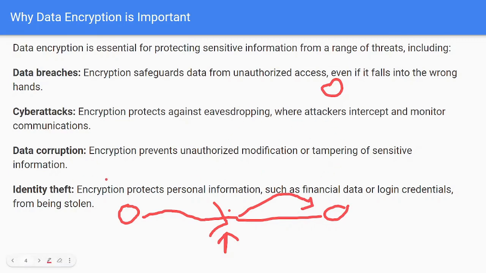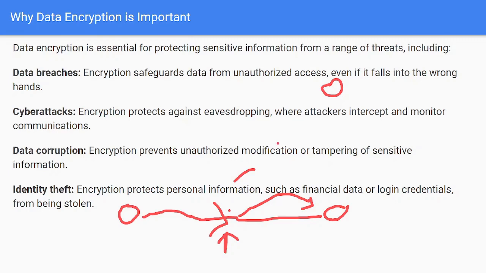Then the next one is identity theft. In a world where we are doing almost everything online, your financial data is online, your login credentials are online, and stuff like that. Let's use a data breach, for example. A financial organization that deals with users' information, users' data like your BVN, your NIN, your name, where you were born, your local government, state of origin.